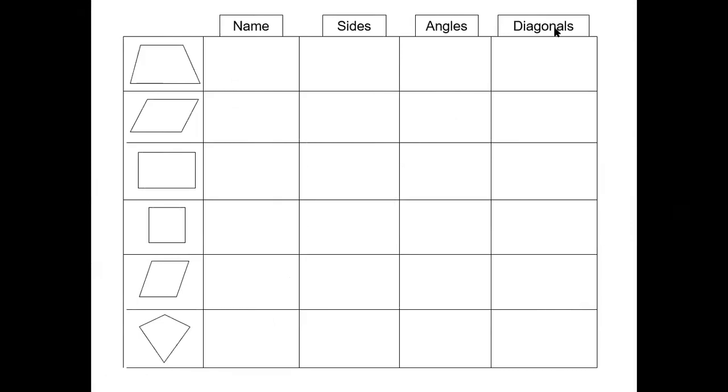I want you to define the different types of quadrilaterals according to their name, according to their sides, their angles, and diagonals. So these are the given quadrilaterals. What I want you to do is to define using your own words, using your own understanding, all these quadrilaterals according to their names, sides, angles, and diagonals. Just screenshot this figure.